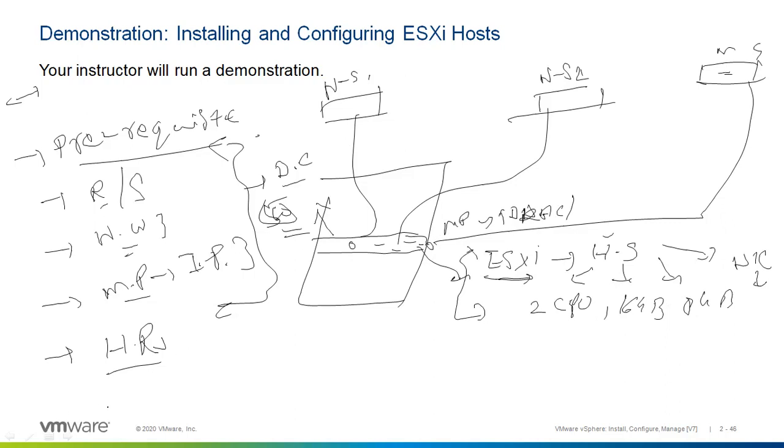Then probably you will get a separate Excel sheet for doing the initial level of configuration for this ESXi host. What initial configuration? What IP you have to give? The first IP is the management IP. But again, this management IP is different from the hardware management IP.